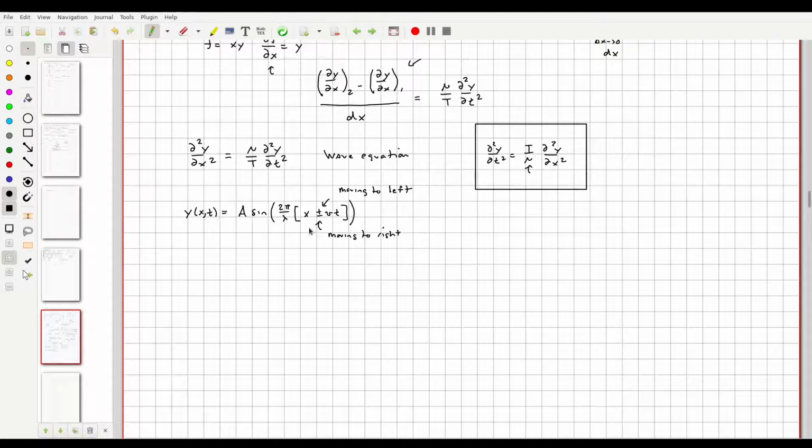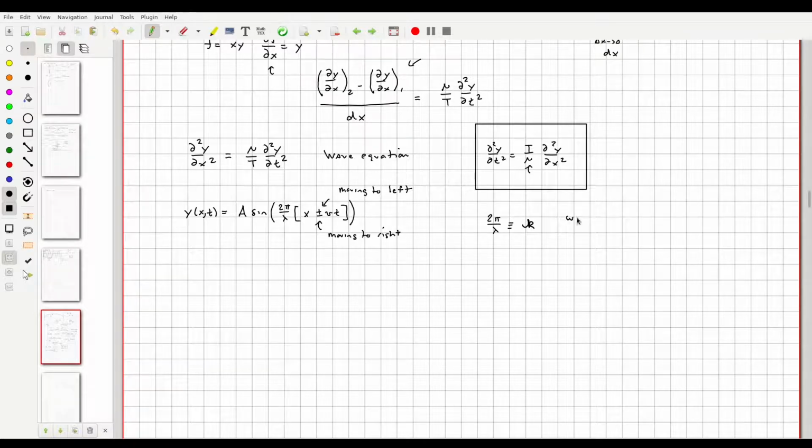Okay. Now, we have this unruly 2 pi over lambda sitting out in front. And there's actually a way that we kind of clean this up a little bit. 2 pi over lambda is defined to be something called k. Now, this is not the spring constant.